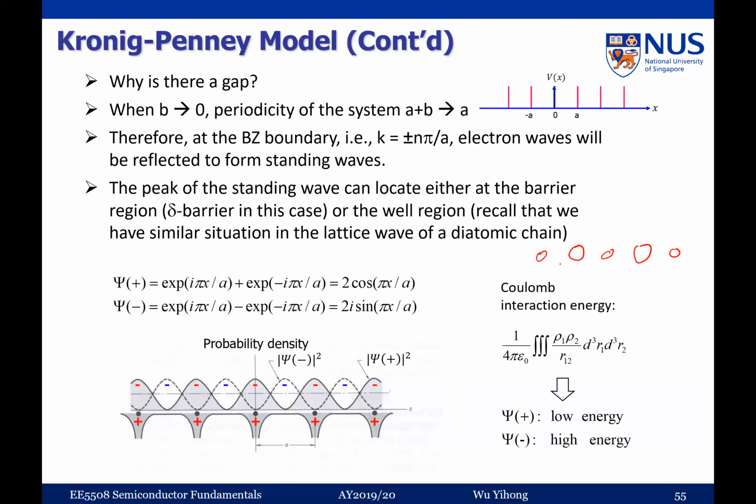I hope you still remember. If we sketch it, we see something like this. Suppose this is the Brillouin zone boundary, and this is the acoustic mode and this is the optical mode. Of course we have another one here. So this is omega versus Q.